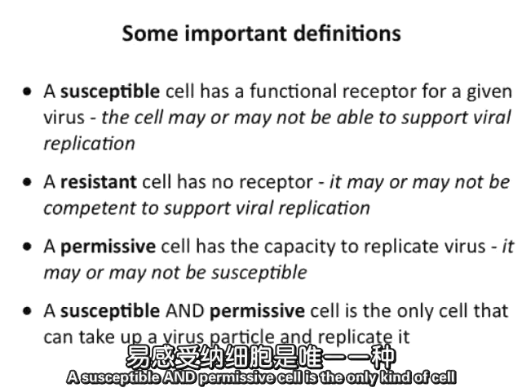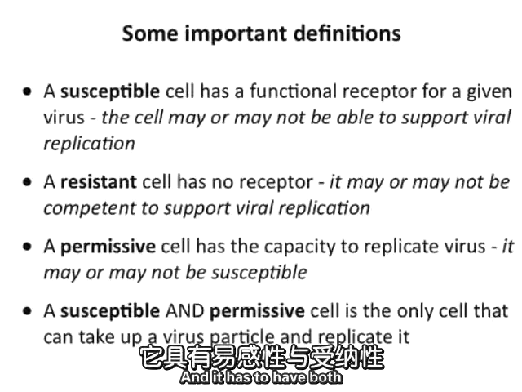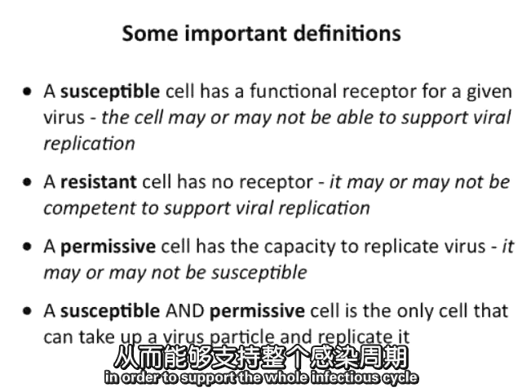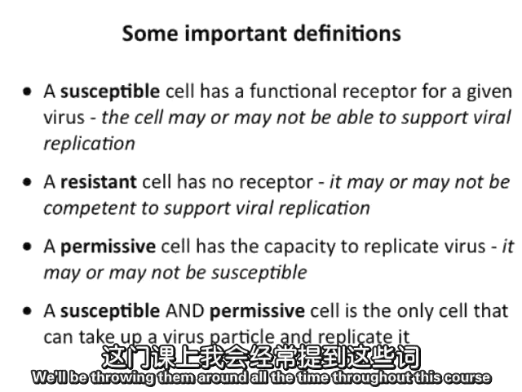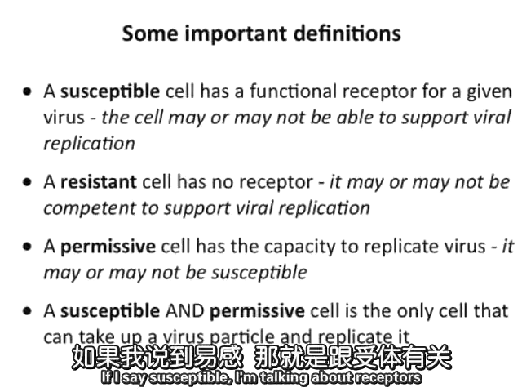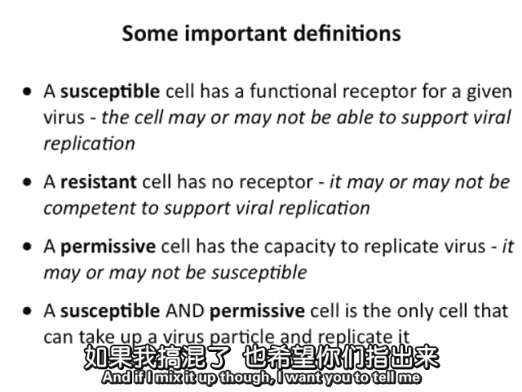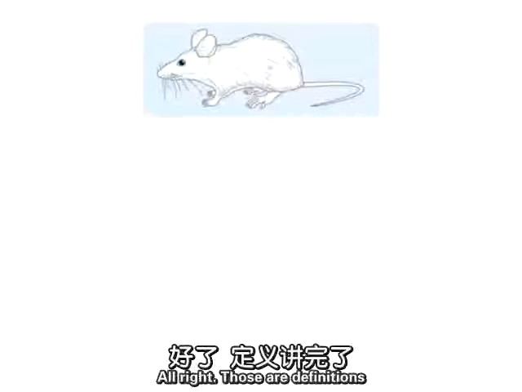A susceptible and permissive cell is the only kind of cell that will take up a virus particle and replicate it. It has to have both in order to support the whole infectious cycle. So those are very specific definitions I want you to remember. We'll be throwing them around all the time throughout this course, and it's important that you know what I'm talking about. If I say susceptible, I'm talking about receptors. And if I mix it up, though, I want you to tell me, because I might sometime or another. All right, so those are our definitions.